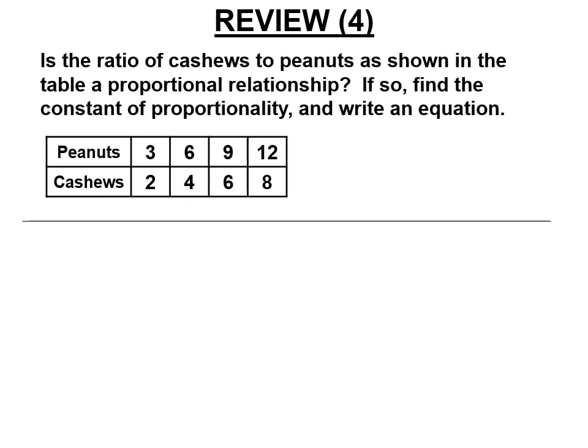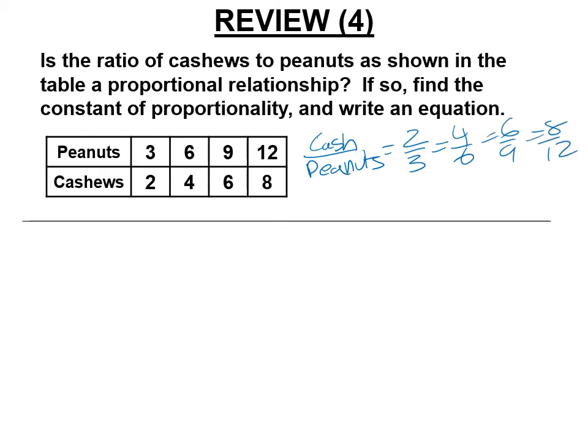All right, so we're going to find cashews to peanuts, because these are always upside down. So it's 2 to 3 equals 4 to 6 equals 6 to 9 equals 8 to 12. Do those all simplify to the same thing? Well, 4/6 simplifies to 2/3. 6/9 simplifies to 2/3.